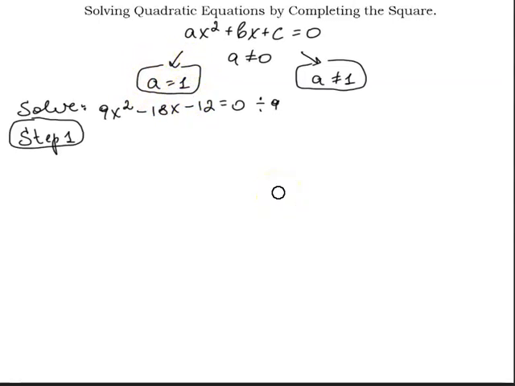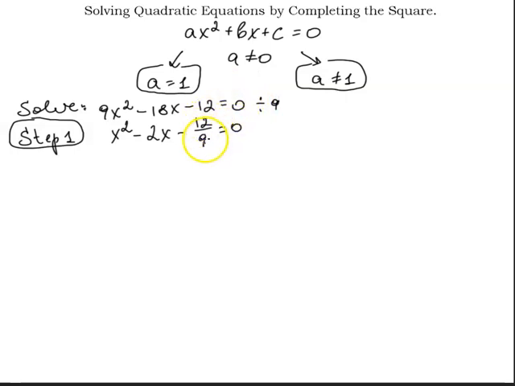So now we're going to divide by 9. 9x squared over 9 will be x squared, minus 18 divided by 9 will be 2x, and then 12 divided by 9 will be 12 ninths, equals, and then 0 divided by 9 is 0.